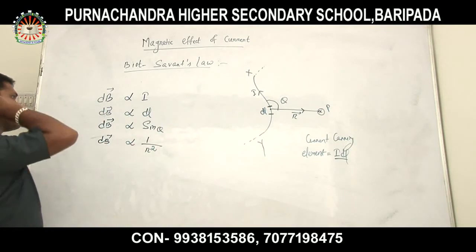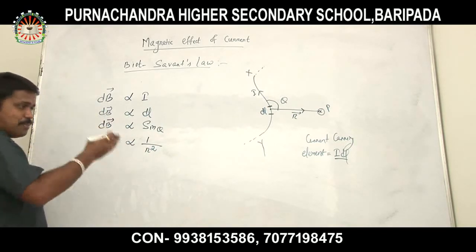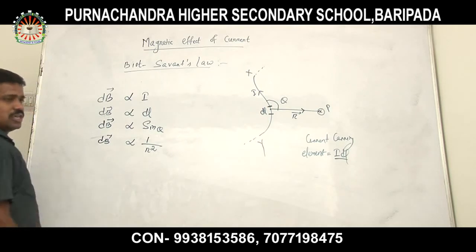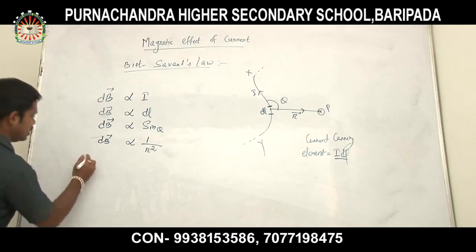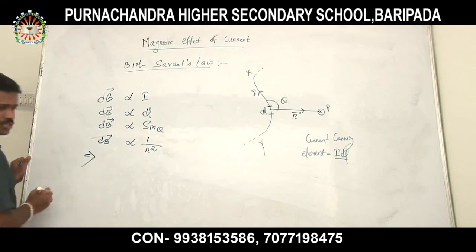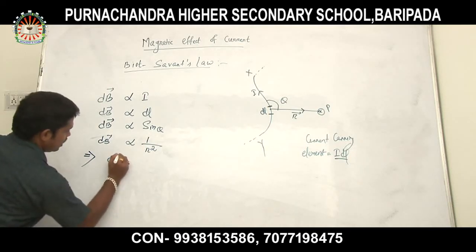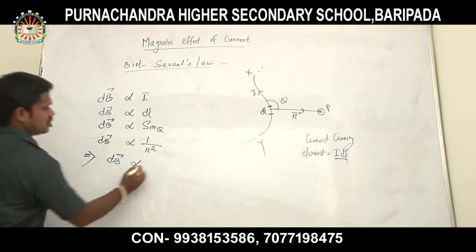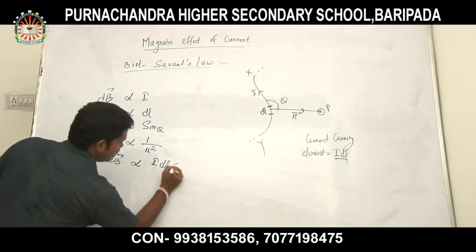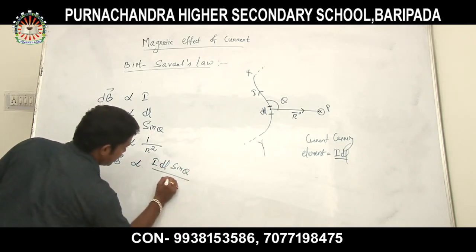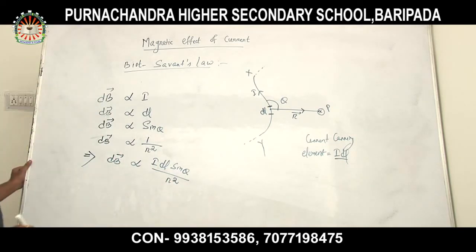The distance vector is r vector, so the magnitude is the distance, r square. So let us combine this. Now dB is proportional to I dl sin theta divided by r square.